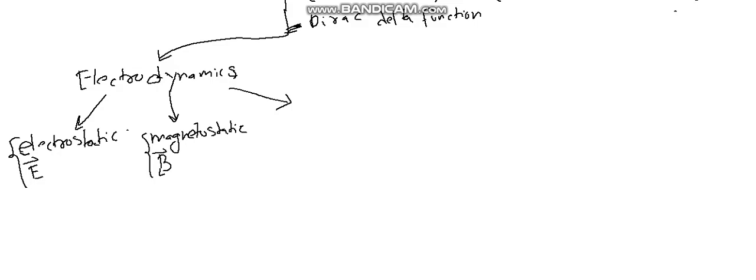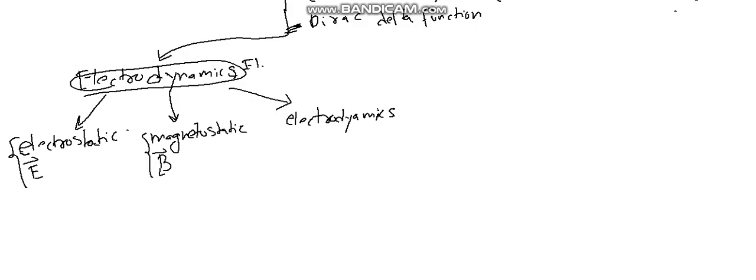After that, if we have time dependent electric and magnetic fields, then we learn about electrodynamics. One thing I made a mistake on: instead of writing this as electrodynamics, I can write it as electromagnetism.